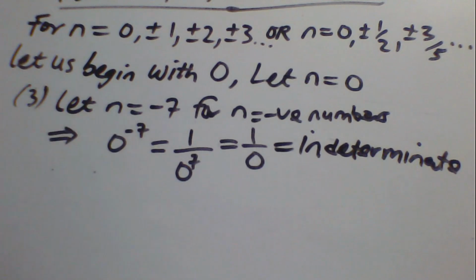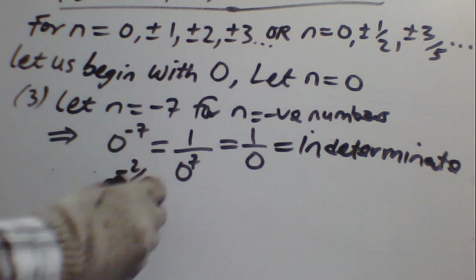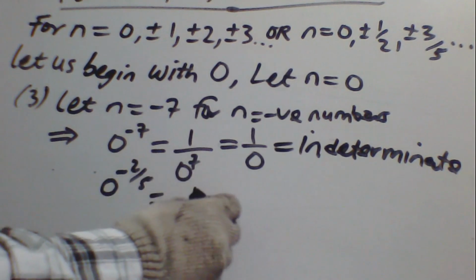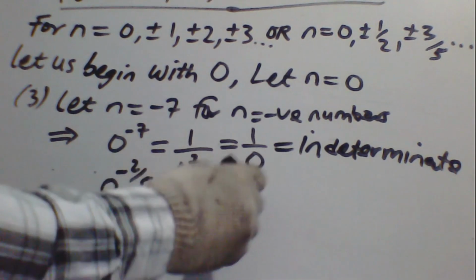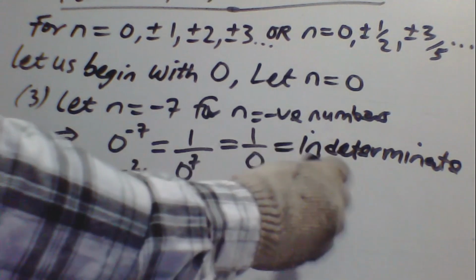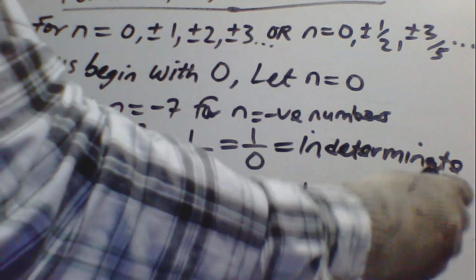No, you have to verify, meaning when the power is a negative number. So 0 to the power of -2 over 5 is the same as 1 over 0 to the power of 2 over 5, and this gives us 1 over 0. So this also gives us what? Indeterminate value. The secret of the power of 0.